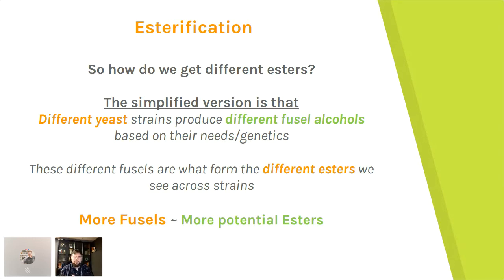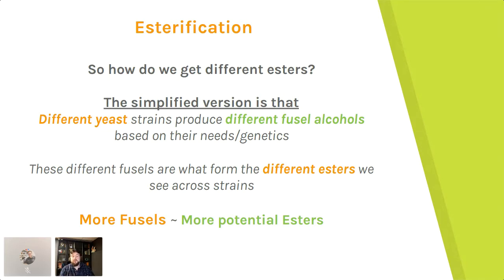That's a big part of why we see large variation in the esters from an English strain to an American strain to a New England-style IPA strain to a Belgian Trappist strain. It all has to do with the fusel alcohols they produce based on the FAN they consume. The more fusels we have, the more potential esters are being produced.